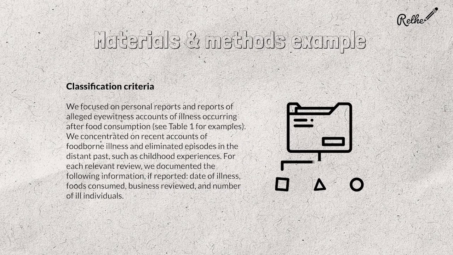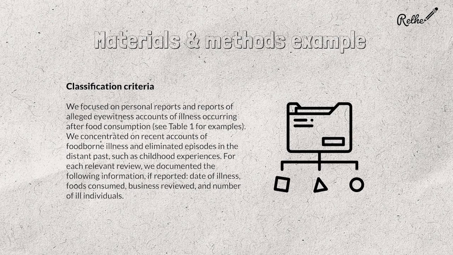In the third paragraph, we describe how we extracted relevant details from the data. Note that each of the sections includes a subheading to help guide readers through the manuscript. We focus on personal reports and reports of alleged eyewitness accounts of illness occurring after food consumption. See Table 1 for examples.